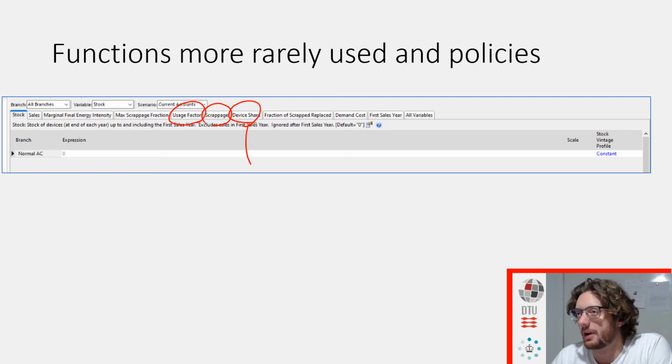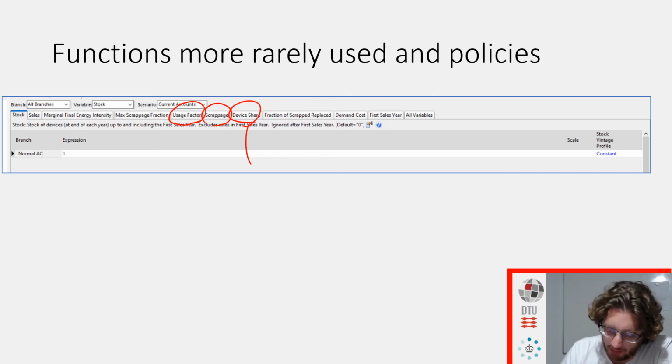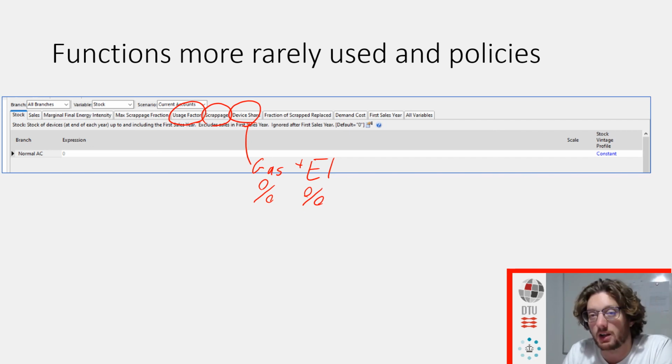So if you have maybe an oven and gas cooker combo, so that could be both gas and electricity, and then what is the share of the gas part and what is the share of the electricity part, because even though it is just one product, it can use multiple fuels. That's the device share you can define there, and you can do that just by adding another fuel, and we will get to that as well within this lesson.